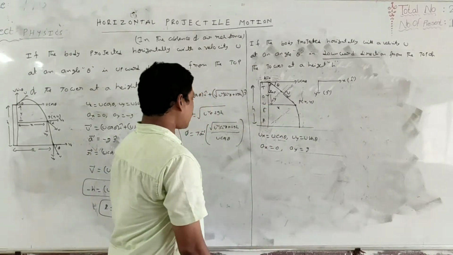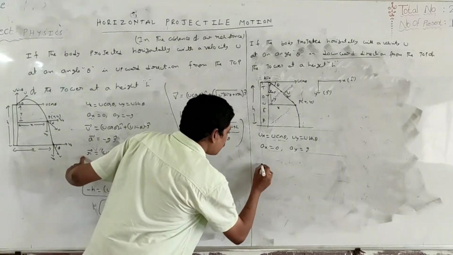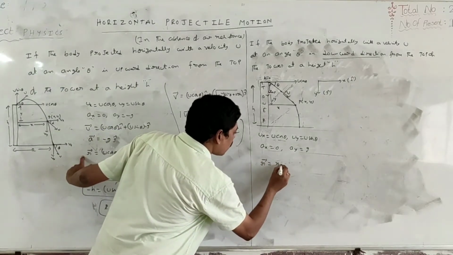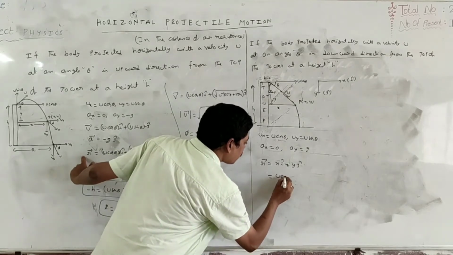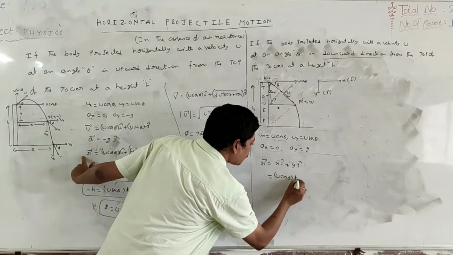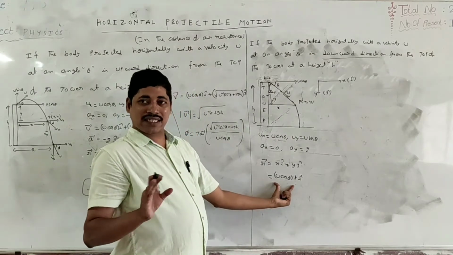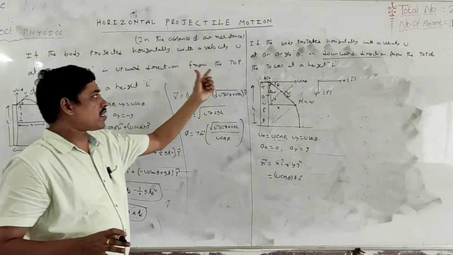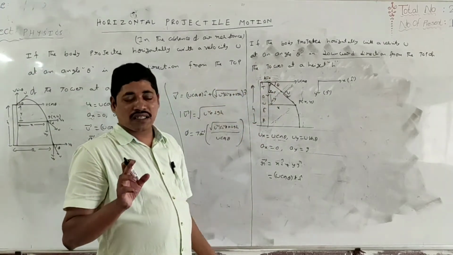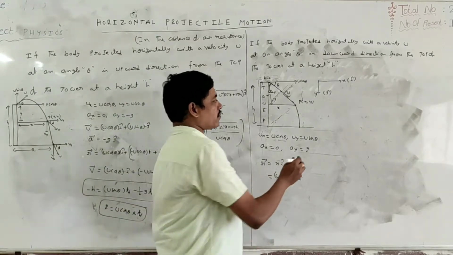The position vector is R bar equal to x i cap plus y j cap. X is equal to u cos theta into t. The horizontal component of velocity is the same for projection upward at angle theta and downward at angle theta. Horizontal displacement is also the same: x is equal to u cos theta into t.